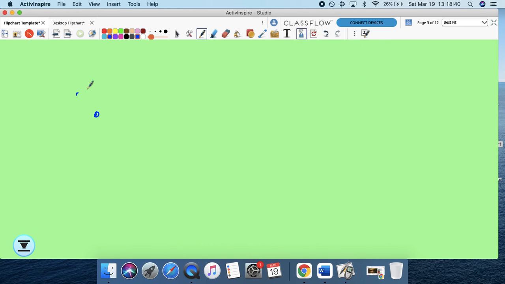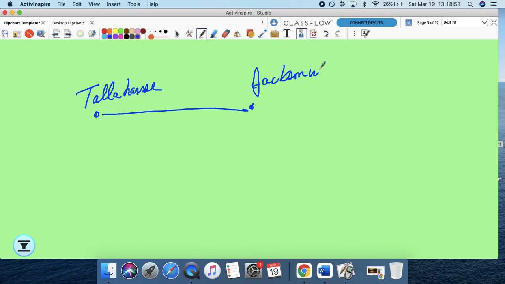In Florida, we have a map between two cities. The first city is called Tallahassee, and the other is called Jacksonville. This in real life is 665 miles. They're asking you how much it is on the map. So we have a scale: 1 inch is 35 miles.